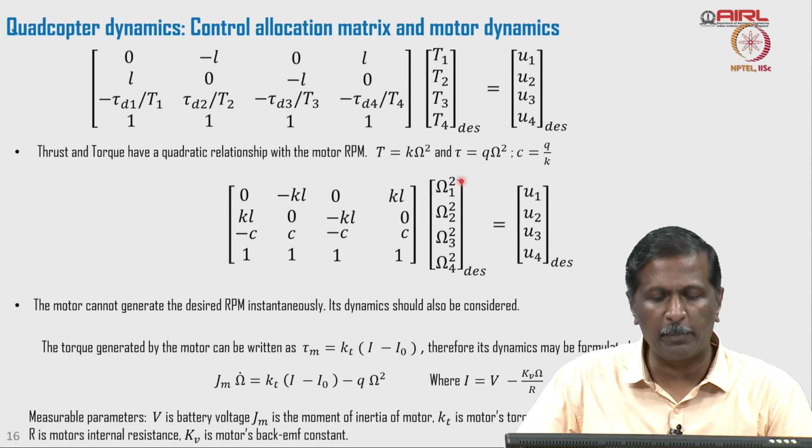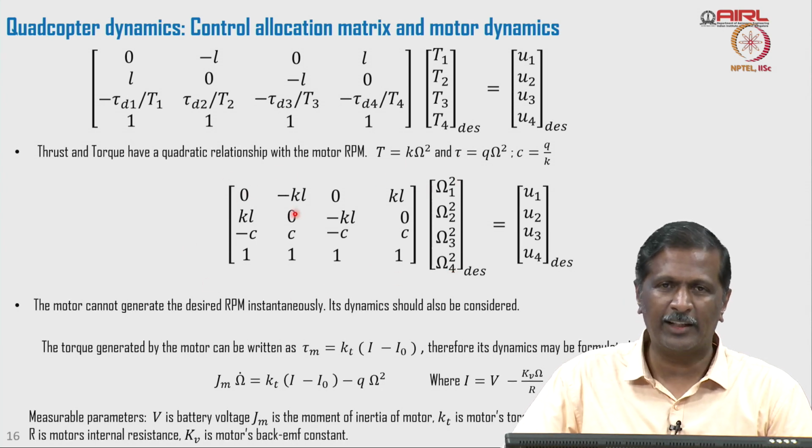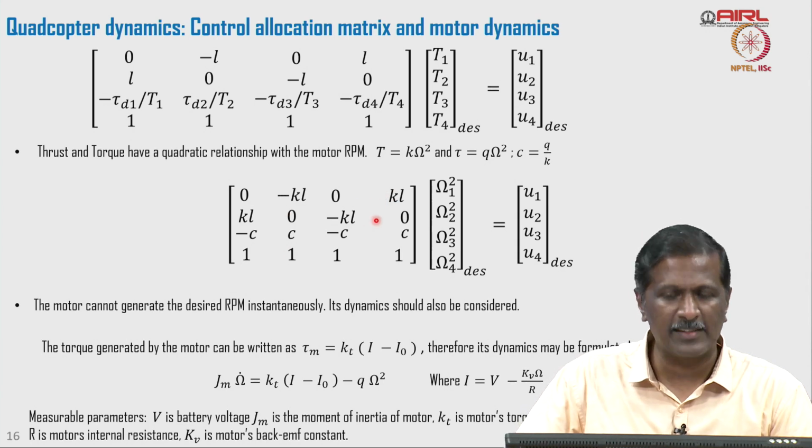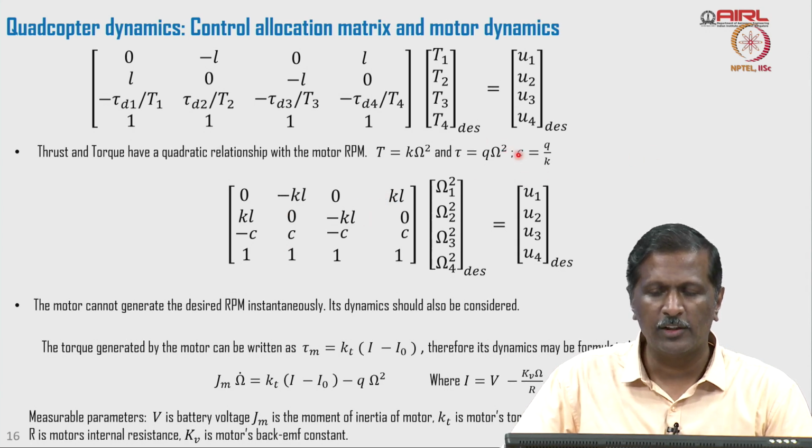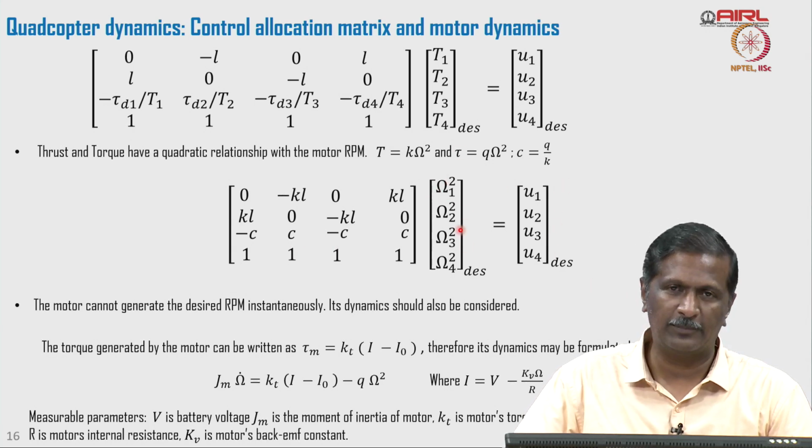These are motor RPM. I am trying to transform that into the control allocation matrix. I want a single constant, so I introduce a new constant called C. C is nothing but Q by K. So, this is my control allocation matrix which will give you U1, U2, U3, U4. It depends on motor speed.